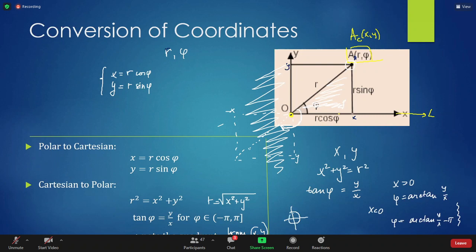The values of arctangent belong to this interval of angles. So that's why when x is positive, we take the arctangent as it is. But if I need negative x, then I have the diametrically opposite point. That's the reason why I discuss x is positive, x is negative, but not y is positive, y is negative.